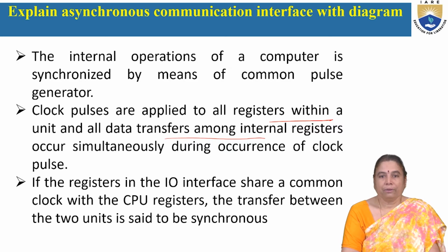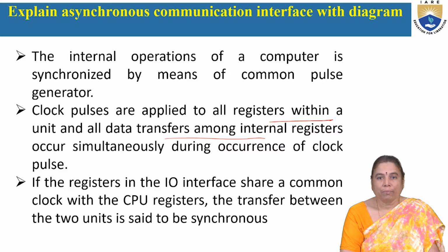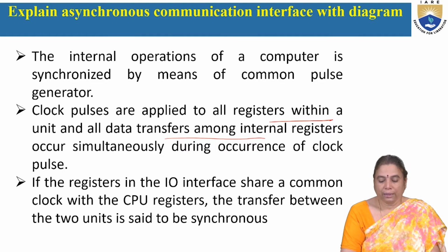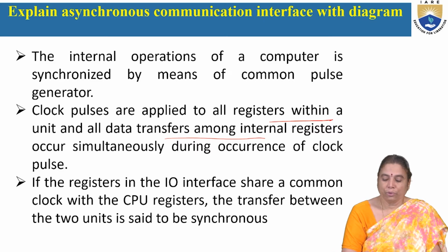So here, if the registers and the I/O interfaces share the common clock pulses, then that type of communication is generally referred to as synchronous communication. If they use different clock signals, then those units are generally referred to as asynchronous communication.